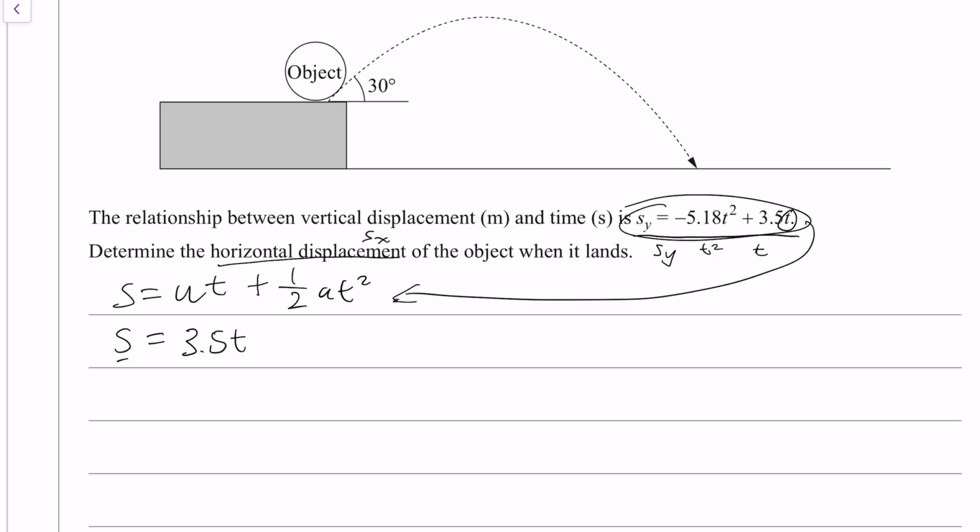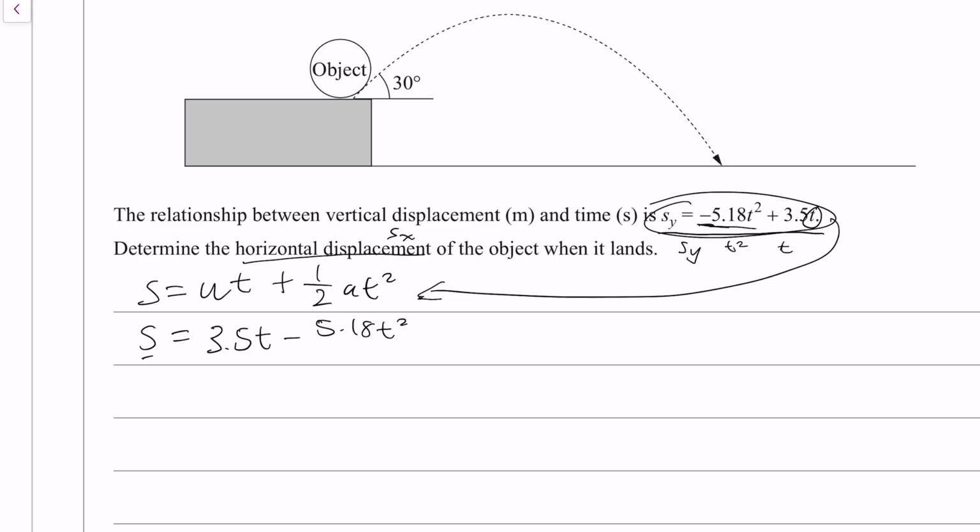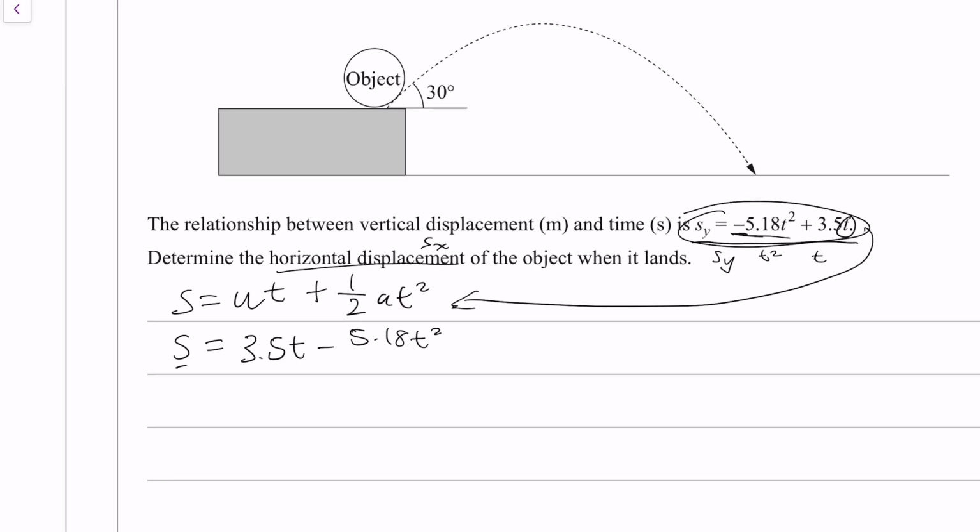Minus, remember that minus there, 5.18 t squared. Cool. Now from that, say I used the year 12 formula, whatever. It's still the same thing.